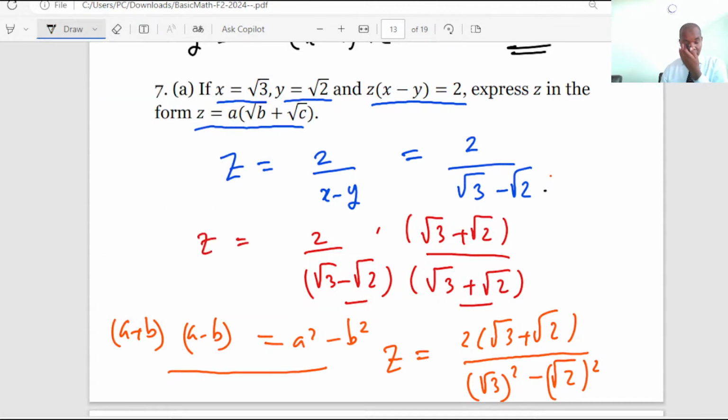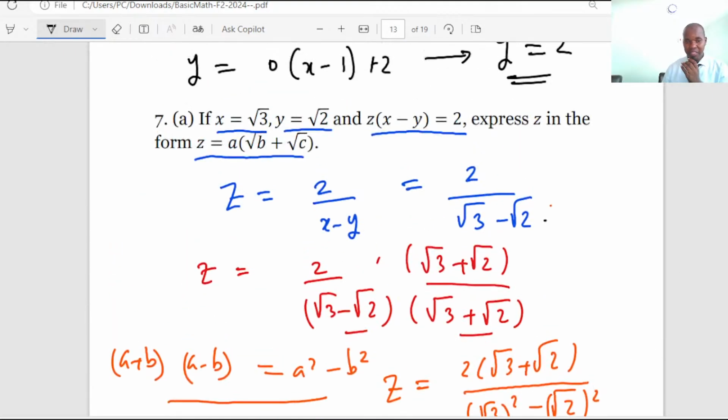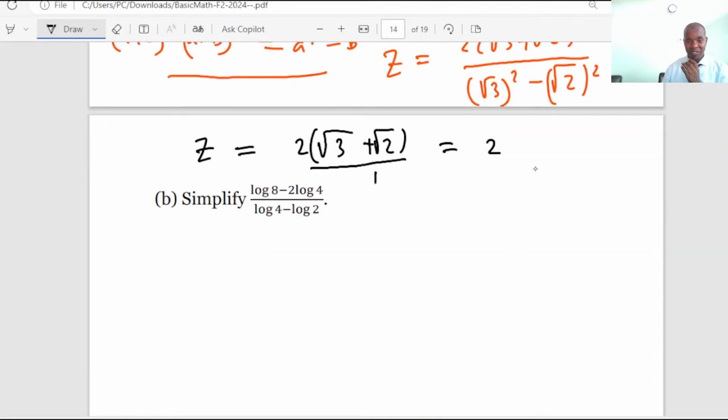And now to finalize this part, z will be equal to 2 times square root of 3 plus square root of 2 divided by 1, and eventually z will be 2 in the bracket square root of 3 plus square root of 2, dear students.